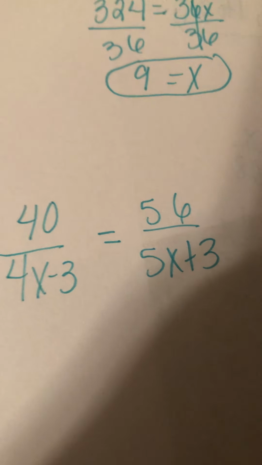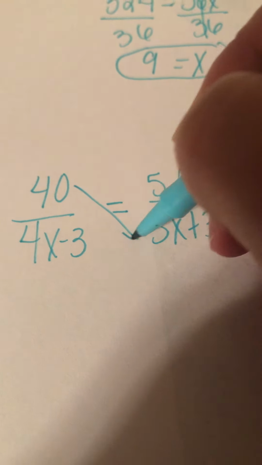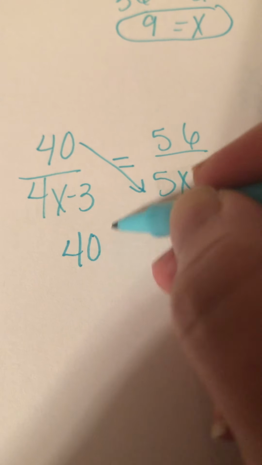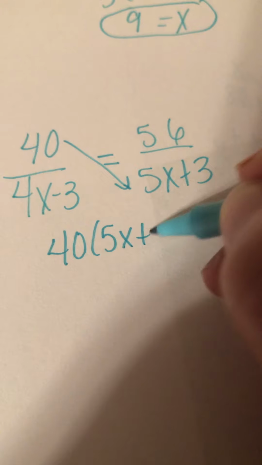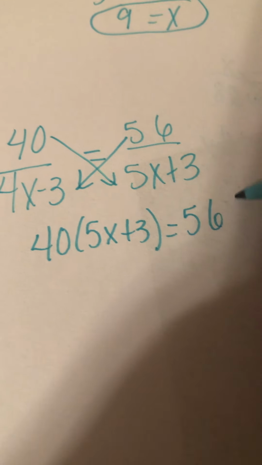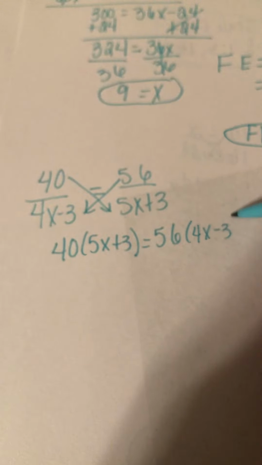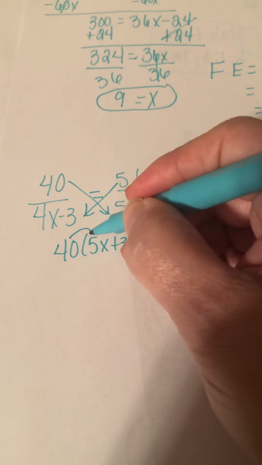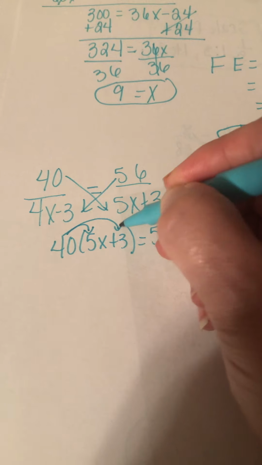So once again, we're just going to solve proportions. So 40 times 5x plus 3 is equal to 56 times 4x minus 3. So let's distribute here and here.